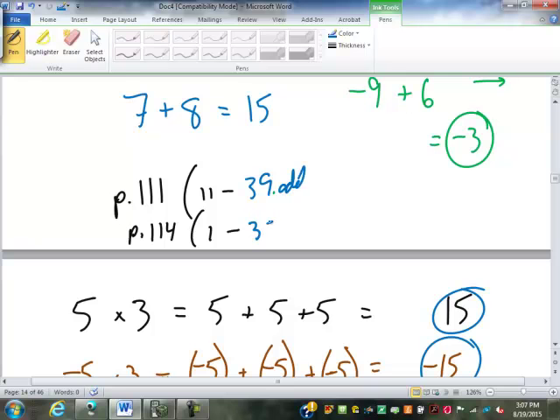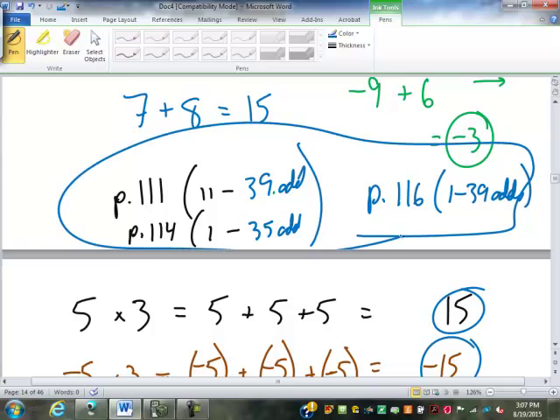And 11 through 35, the odds, I'll keep those there. On page 116, I'm going to add to it 1 through 39, the odds. So you have about 12 or 13 minutes here. I'll give you a little bit of time to get started, and then we'll go over a couple just to make sure you're doing okay.